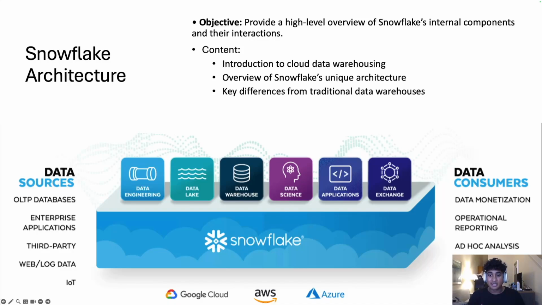This separation makes it possible to run multiple workloads without interference, a feature that's particularly attractive for huge organizations which have intense data processing needs. We'll start by looking at cloud data warehousing in general and how Snowflake's design is different from the existing ones.